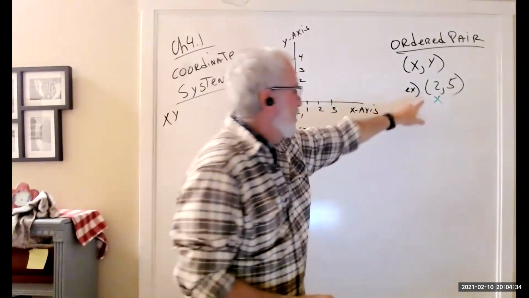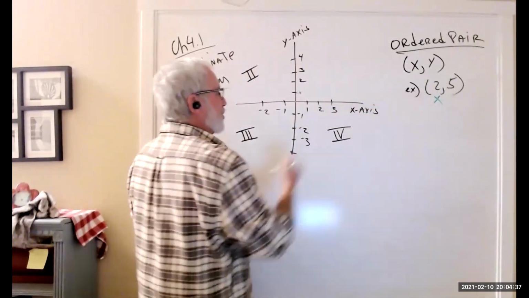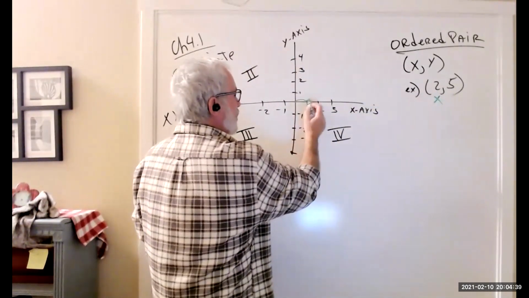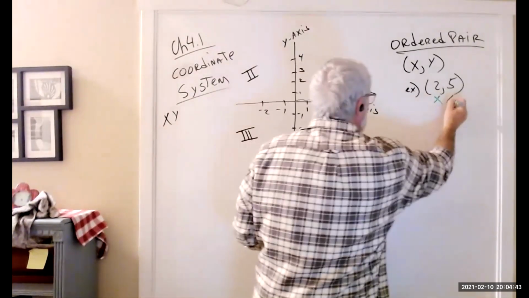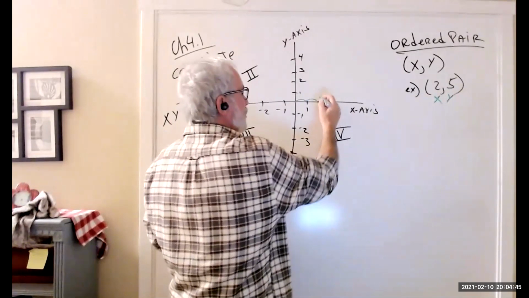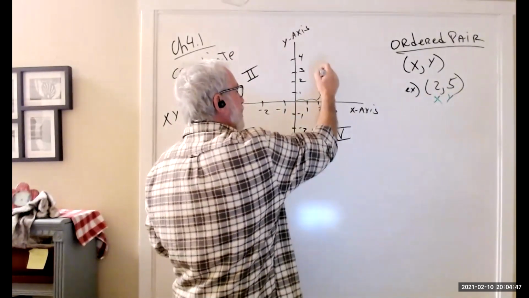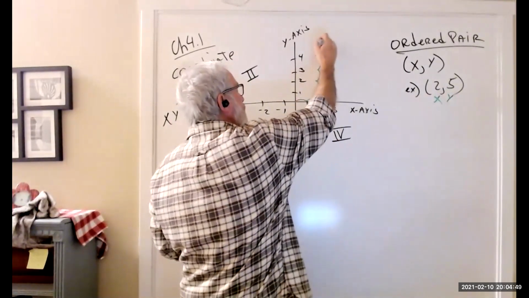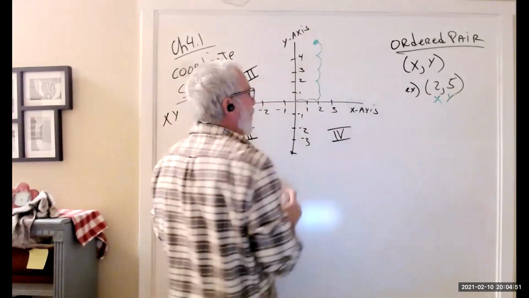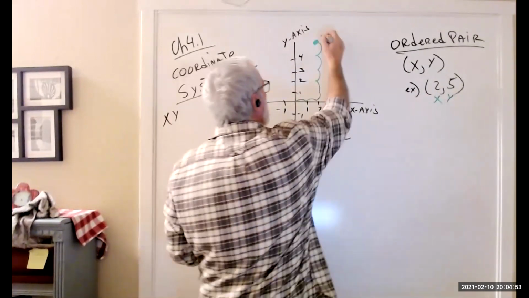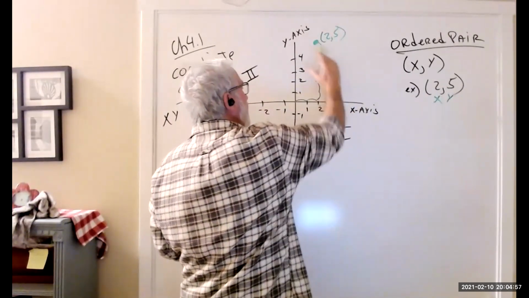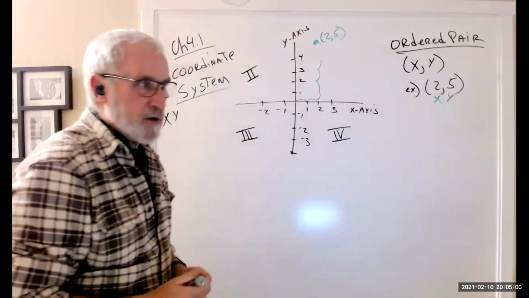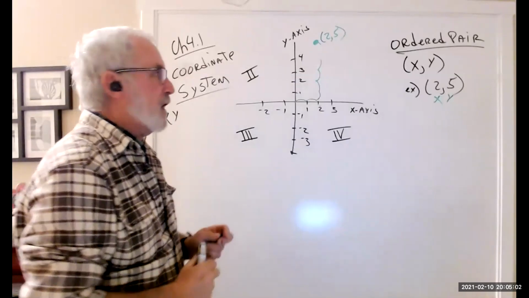So this says move 2 places along the x-axis, 1, 2, and then go 5 places in the y direction, 1, 2, 3, 4, 5. So right up here, this point is the ordered pair 2, 5.